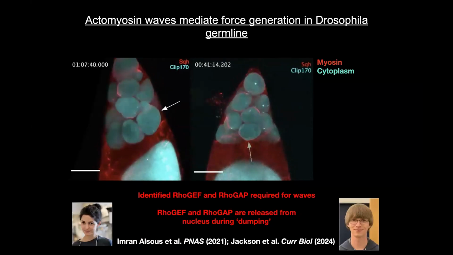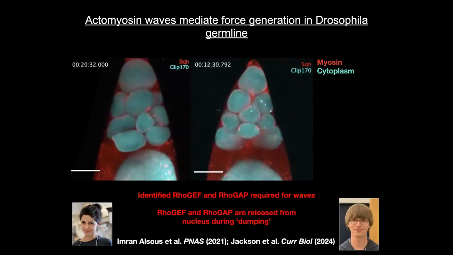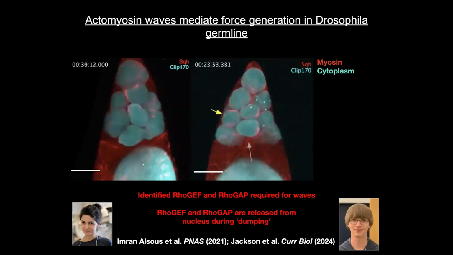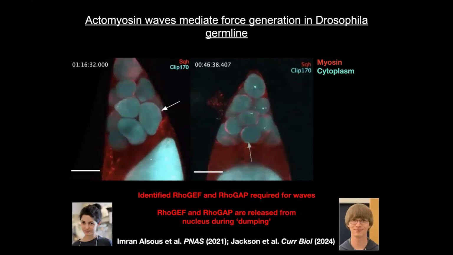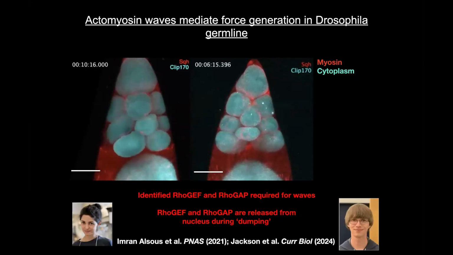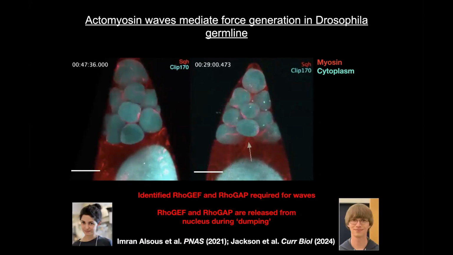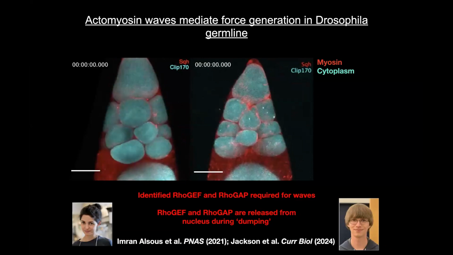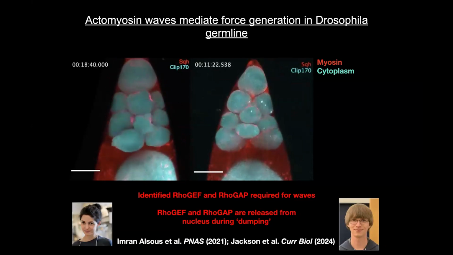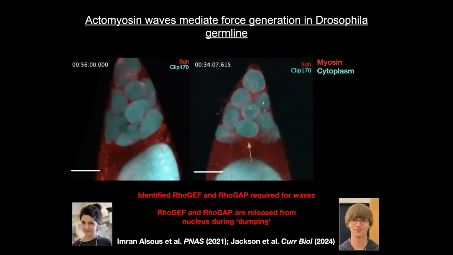It empties first here, then here, then here, then here. And the problem is there are big nuclei in these cells. So we think the waves are doing this: based on physics, you predict this will empty first, then this empties, then this empties. The problem is when this empties, you now have these big nuclei blocking the way for the other layers. So we think you need that active peristalsis to get cytoplasm around the nucleus all the way to the oocyte.